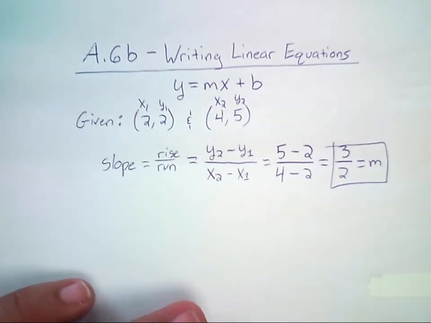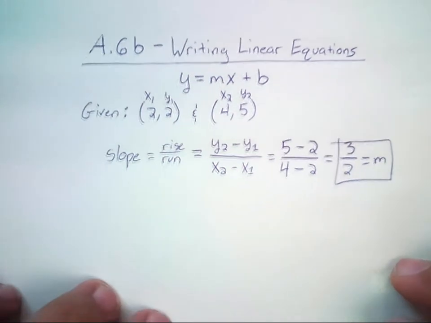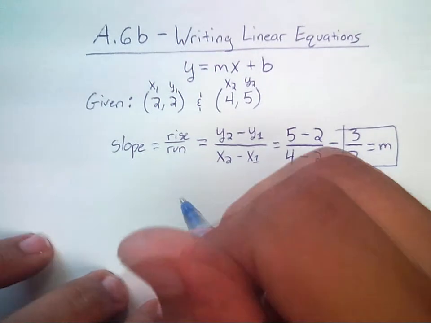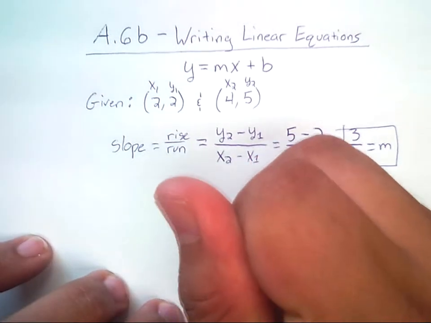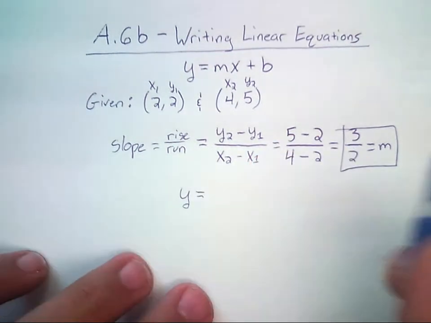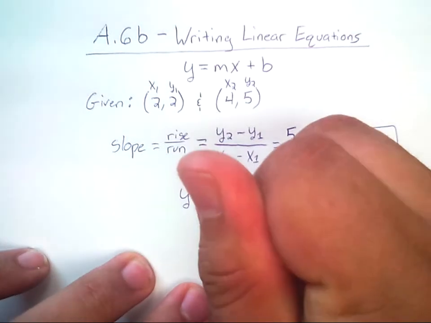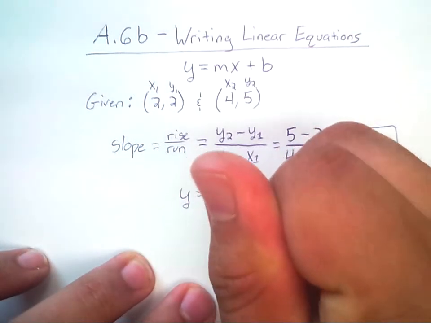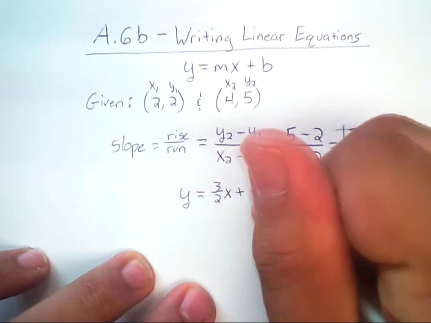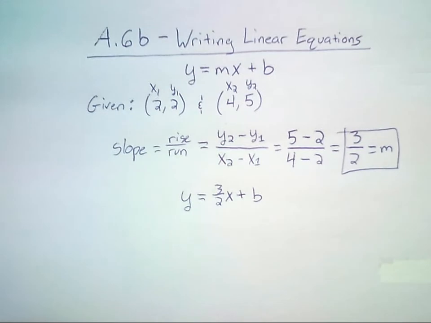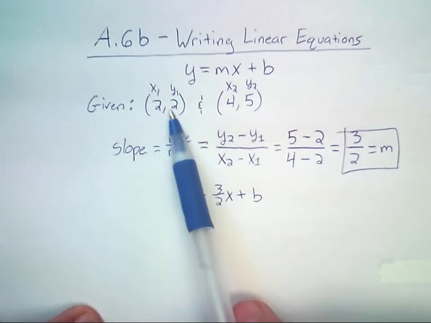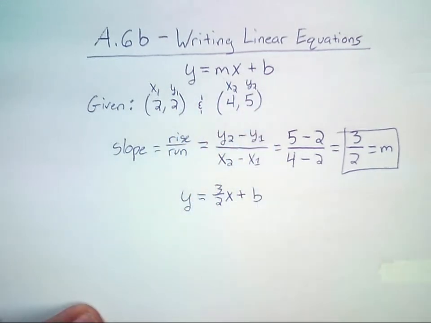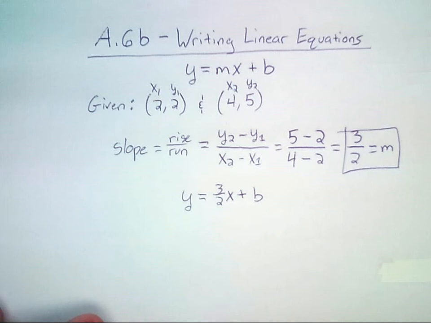We're not done. We did not write the equation. But what we can do now is start to piece it together. Instead of writing m again, I'm going to replace it with what it is. It's 3/2 x plus b. We still don't know the y-intercept. These are not the y-intercept. These are just points on the line that they happen to give us in the problem.